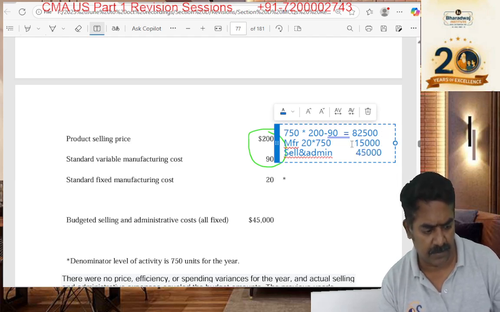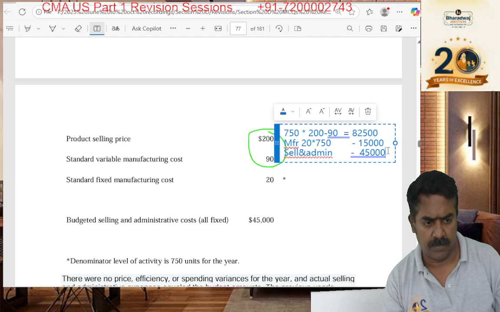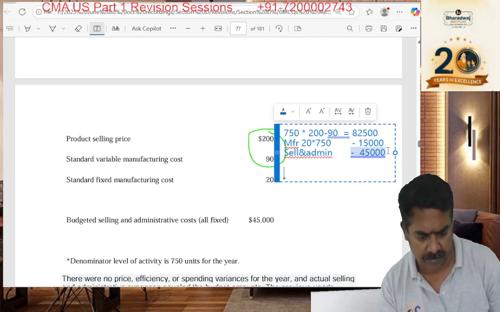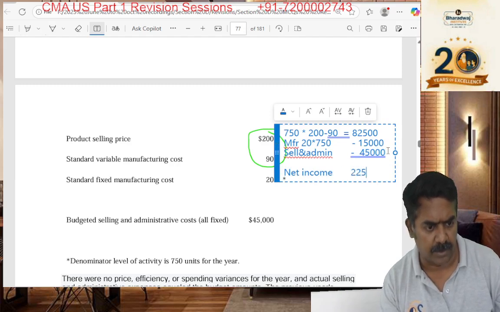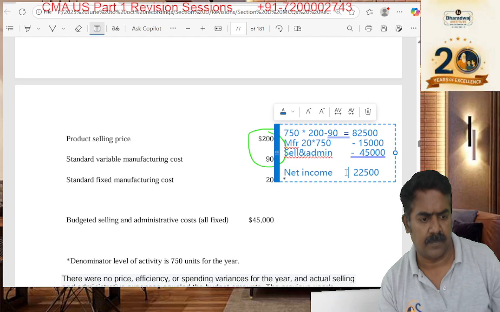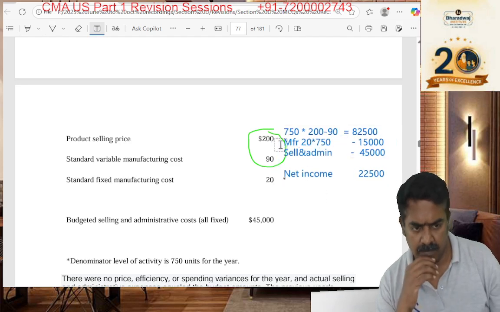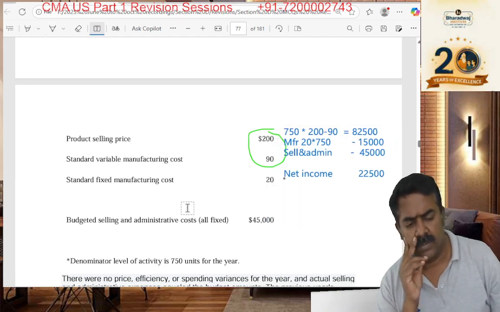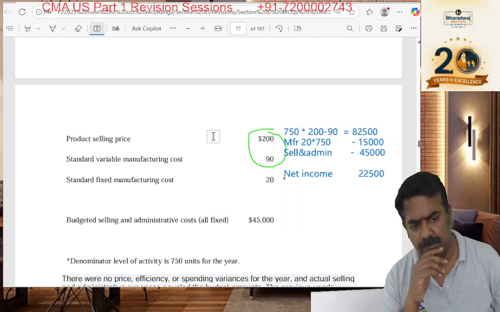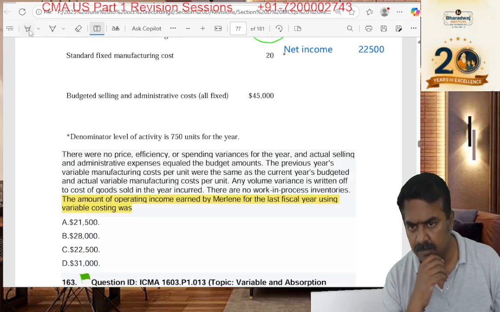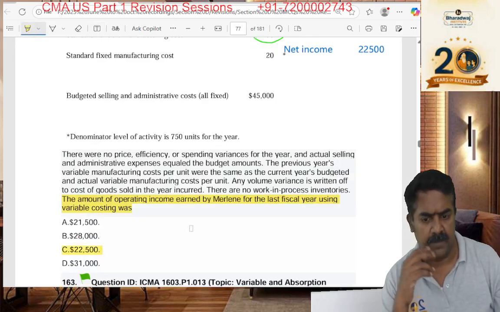Reduce these two. 22,500. So net income 22,500. Answer is C.